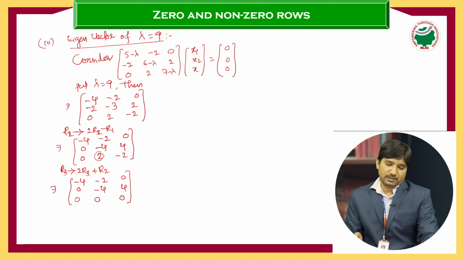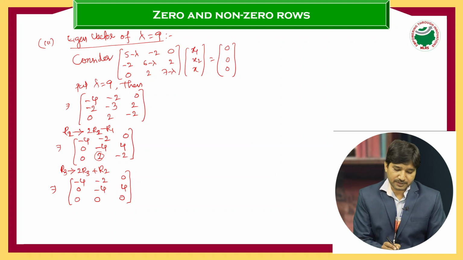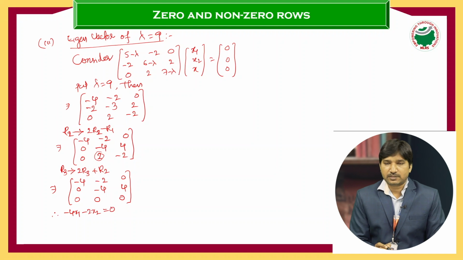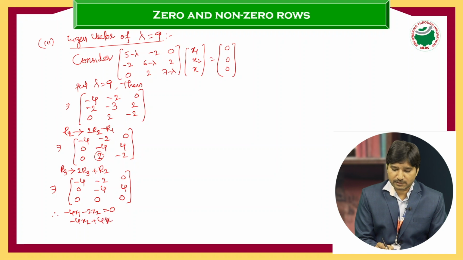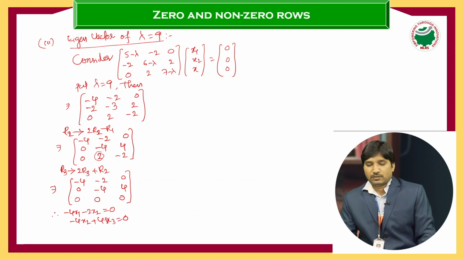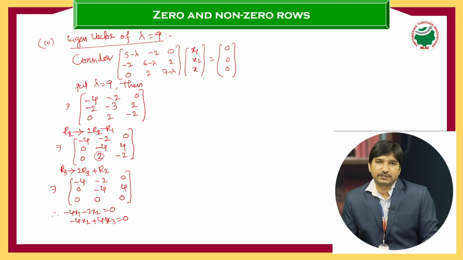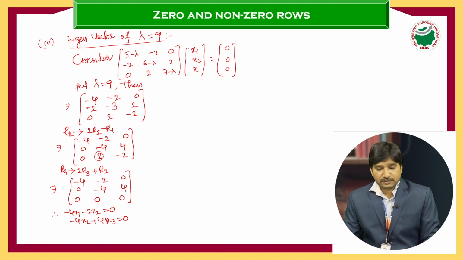The system of equations is: minus 4x1 minus 2x2 equal to 0, and the second row is minus 4x2 plus 4x3 equal to 0. Solving these, we have to get x1, x2, x3. But the equations are only 2 and the variables are 3, so there exist linearly independent solutions.